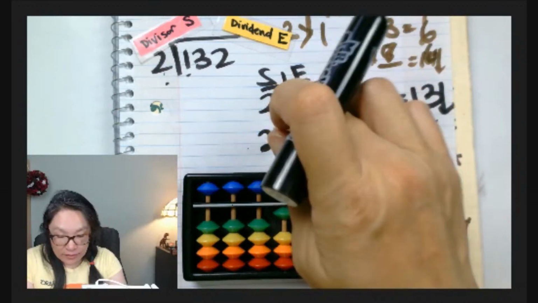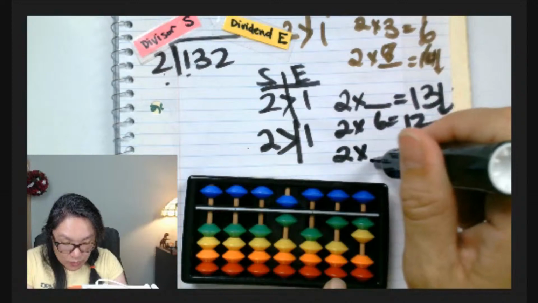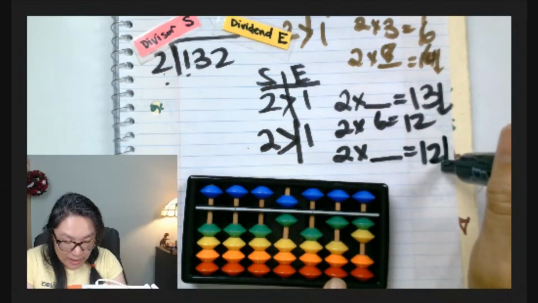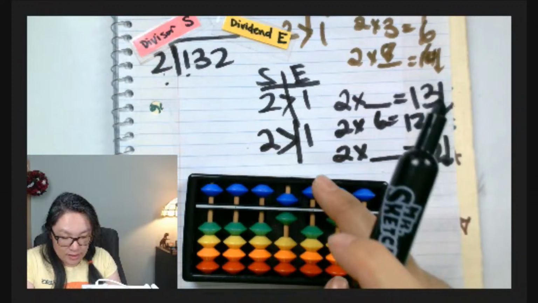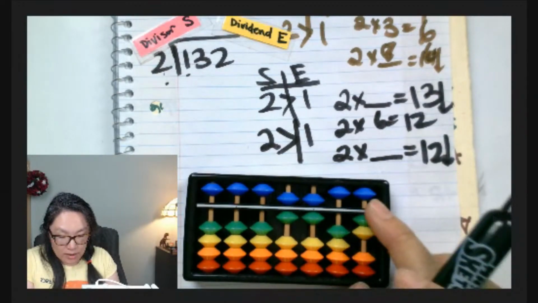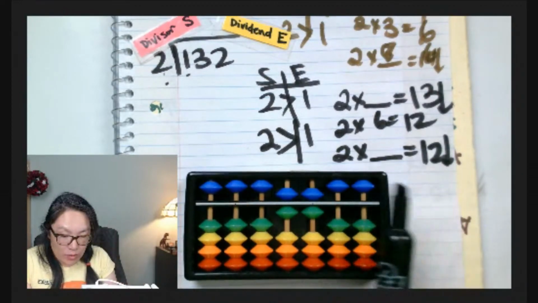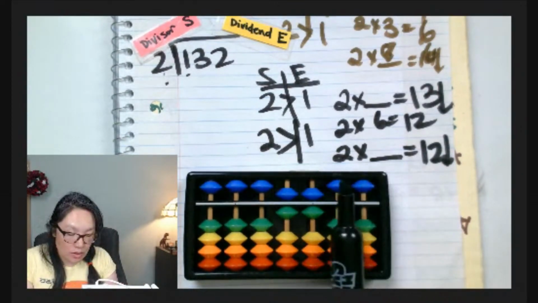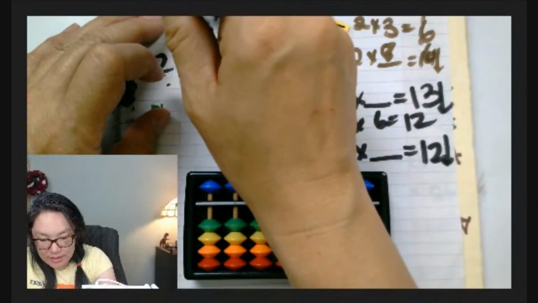Again, my divisor is bigger. So my question is, 2 times what is equal to 12 or less? 2 times 6. So I add 6 here and I take away 12. Take away 1, take away 2. So what we did is we're doing subtraction on the dividend on the abacus. So my final answer is 66.